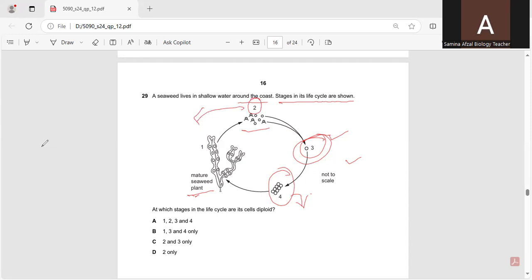Here the cells will be haploid, because male and female gametes will unite together to make this zygote in the process of fertilization. So haploid will be there. So only stage 1, stage 3, and stage 4 will show the diploid cells. So B is the correct option. A, C, and D are wrong options.